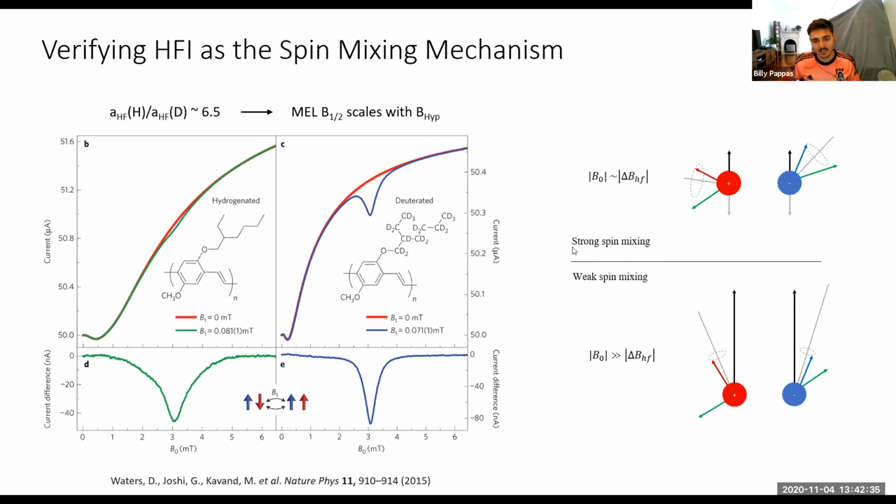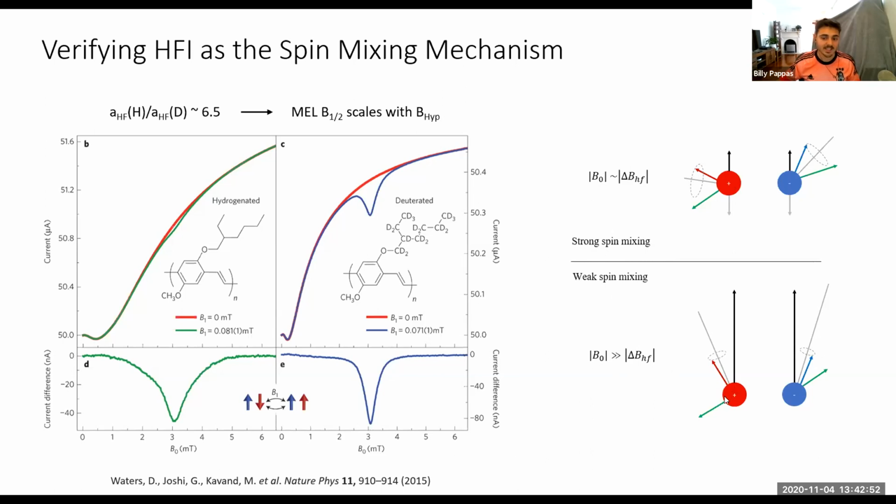So there we say that strong spin mixing is occurring. And so then we see a sharp rise as we move the field when this guy's in the regime of the hyperfine field. However, as we go to much larger field strengths, we see it starts to saturate.